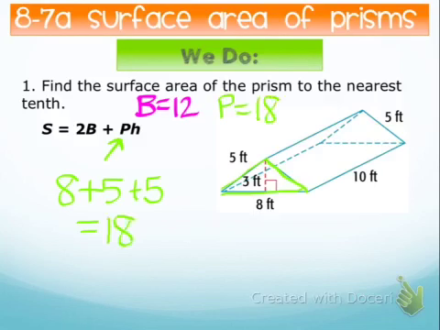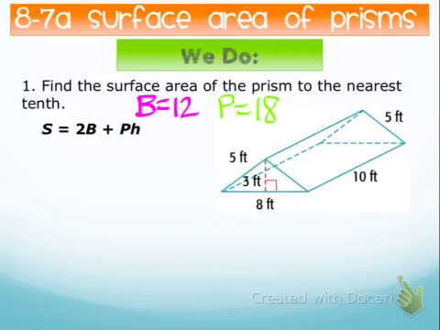And that's what we do to get the perimeter of our base. The next thing that you need for your formula is h, your height, and that is the height of the whole prism. So the height of our whole prism is equal to 10.